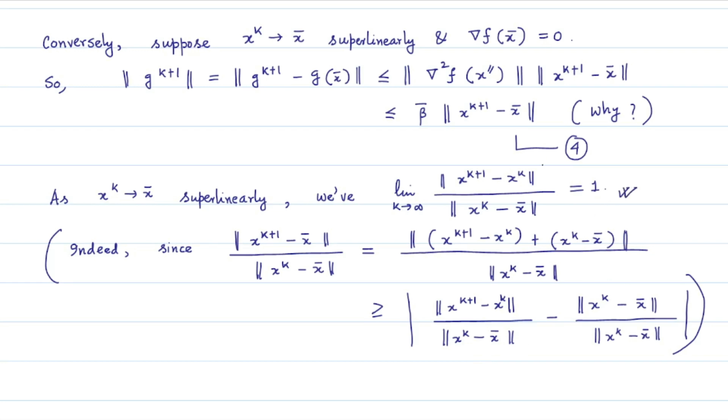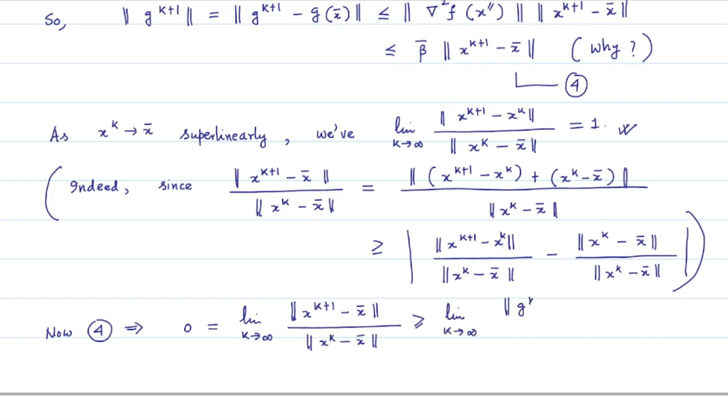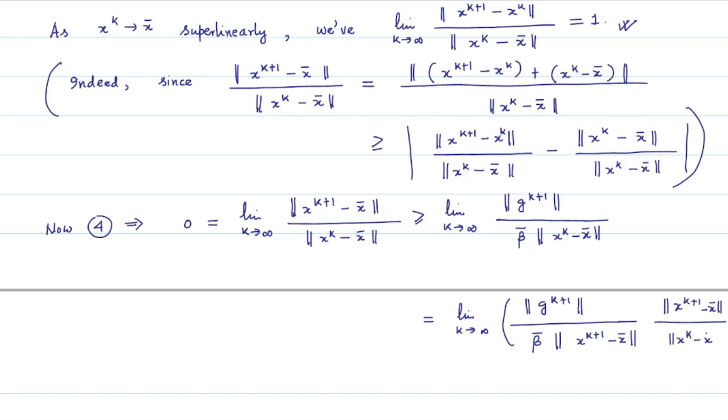Now with the help of this limit from 4, we see that 0 is equal to the limit as k tends to infinity of norm of x_{k+1} minus x bar divided by norm of x_k minus x bar, which is greater than or equal to the limit as k tends to infinity of norm of g_{k+1} divided by beta bar times norm of x_k minus x bar, which can now be written as the limit of norm of g_{k+1} divided by beta bar times norm of x_{k+1} minus x bar, into norm of x_{k+1} minus x bar divided by norm of x_k minus x bar.